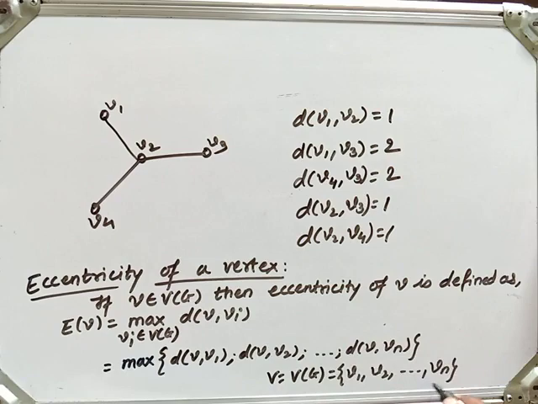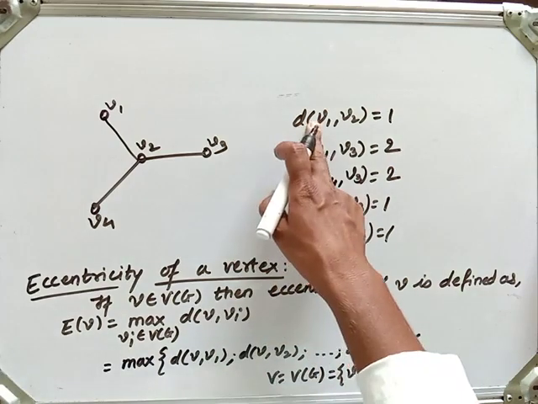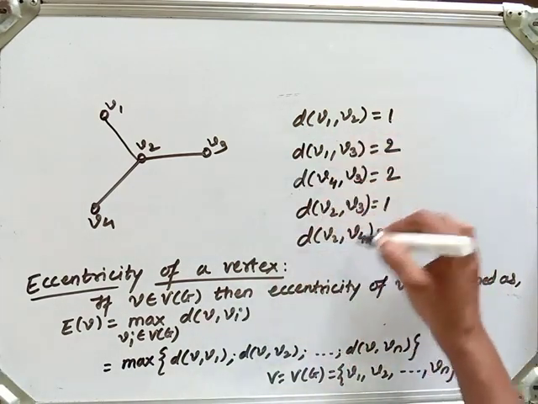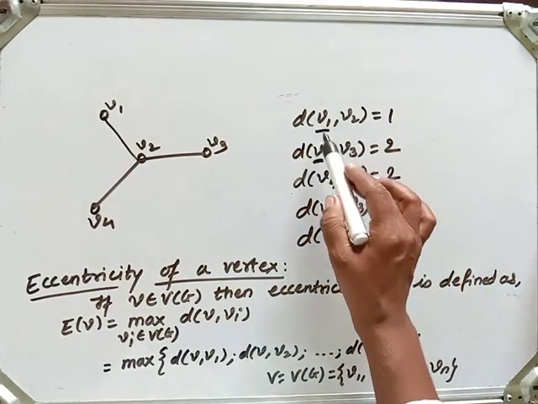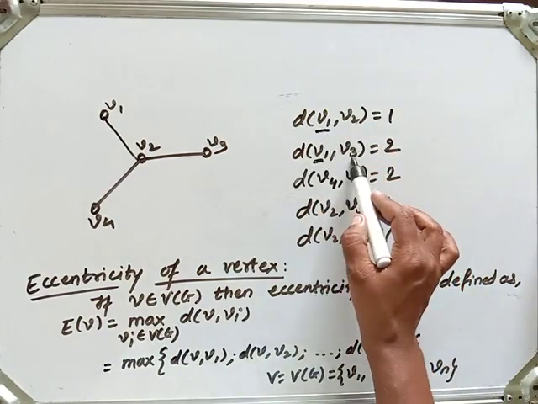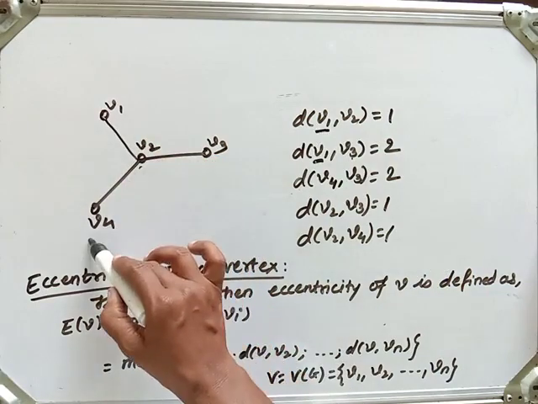Now one vertex we will fix here. For example, in this graph we keep V1 fixed. Distance from V1 to V2, V1 to V3 we can find, V1 to V4 we can find.